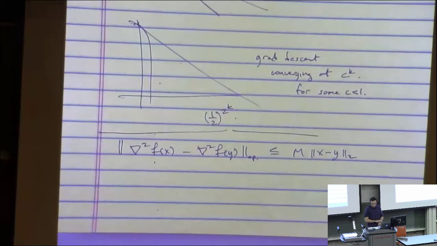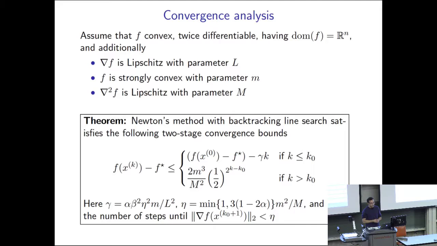Here's the theorem. It reads slightly more complicated than the gradient descent theorem because there are two stages for Newton's method. There's something called the damped phase, and something called the quadratically convergent phase, or the pure phase. In the damped phase, backtracking actually returns a value strictly less than 1. So backtracking is crucial, because if we didn't have it, I claim that Newton's method wouldn't converge, at least not in general.